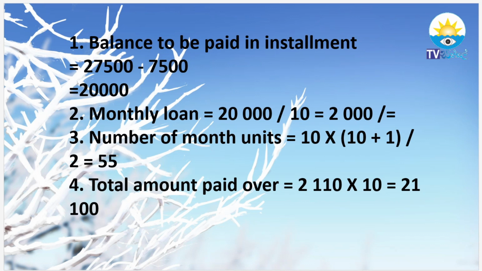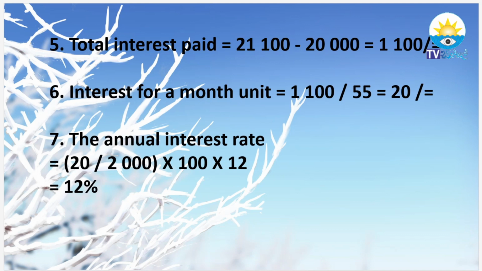Step 4, total amount paid. The size of the installment is 2,110. That's with the interest. So you can multiply that by 10. The answer is 21,100. That is the total amount you have to pay to settle the loan. Now step 5, total interest.